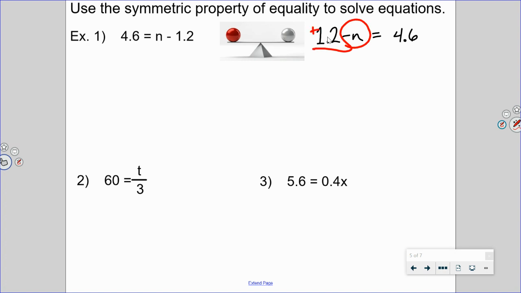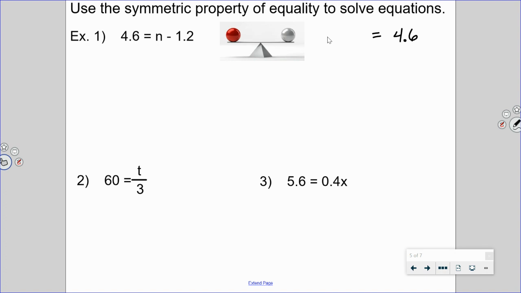And so you can pretty quickly see that that is not going to work. So as long as you are careful, please feel free to change around that statement using the symmetric property of equality. Just like this image shows, if you change that picture around, it's still going to be equal and balanced.